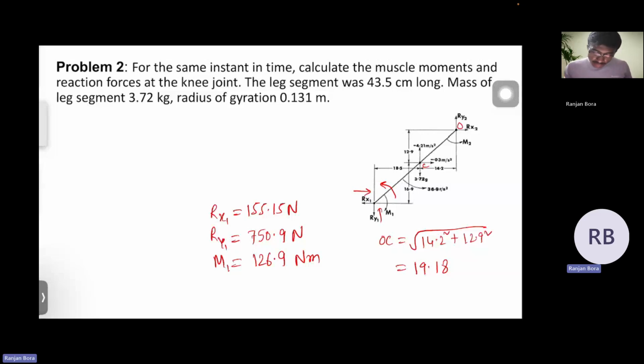And because of the force Rx1, this distance is 12.9 plus 16.9, which will be 29.8 centimeter. And this distance is 18.5 plus 14.2, which will be 32.7.